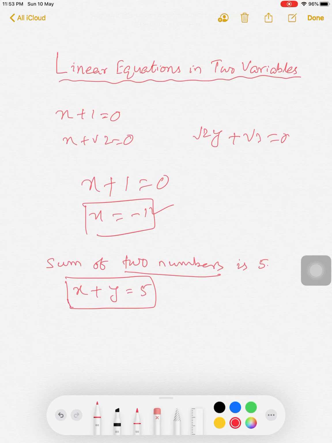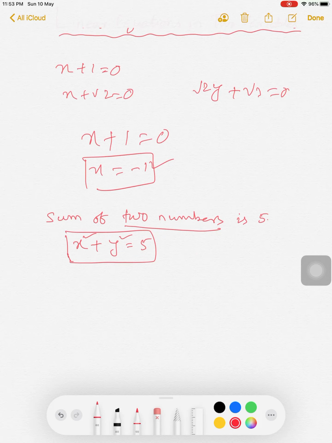Now here you can see we have two variables here, right? So it is a particular equation in which we find two variables. So it is a linear equation in two variables. Okay, so we call it linear equation in two variables. Now it can be written as x plus y minus 5 equal to 0, right?